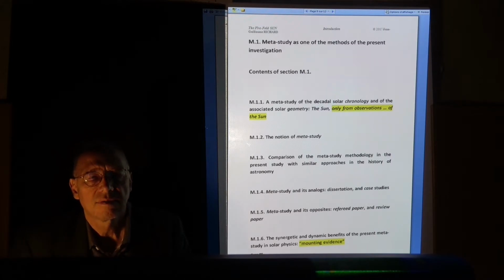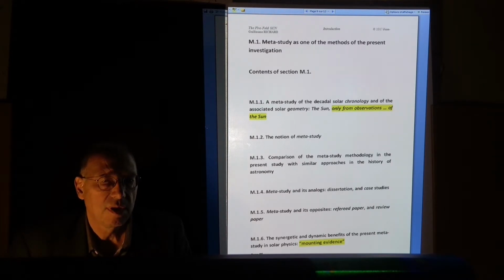And it rests on as large a set as possible of diverse observations of the Sun, and only of the Sun.